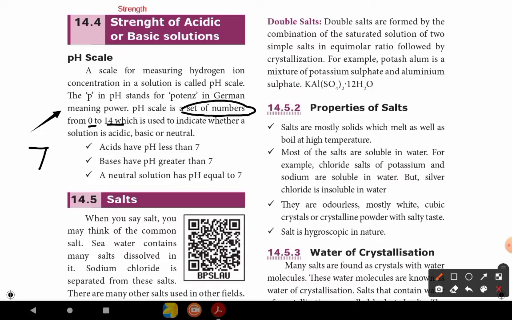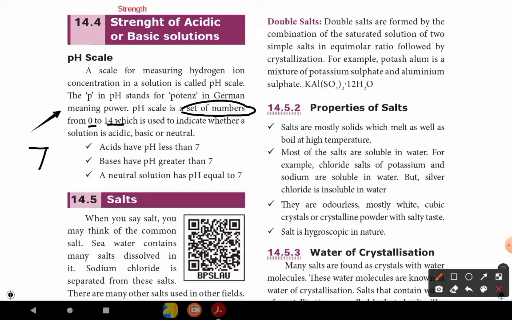If it turns into a red color, reddish color, then you say it is acidic in nature. In case it turns into blue color, blue and green and all that, then the solution will be basic. If there is no change, then what will we say? It is neutral.